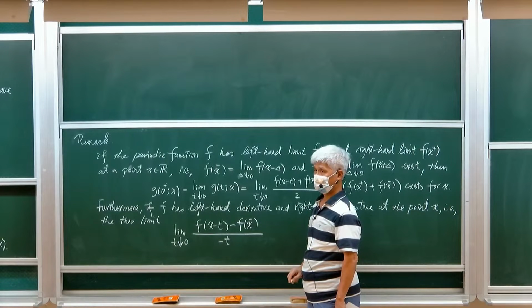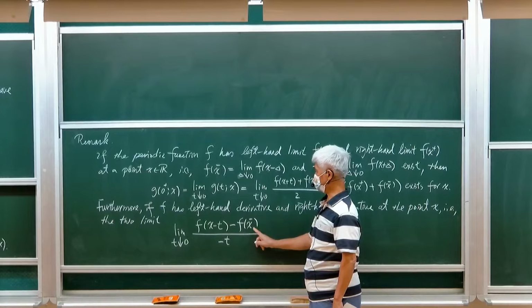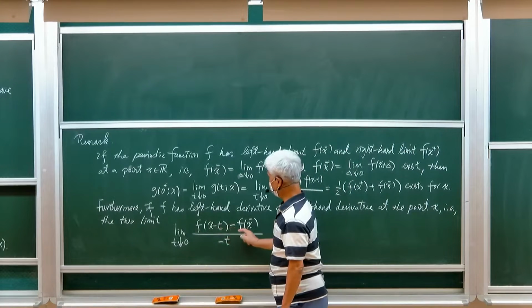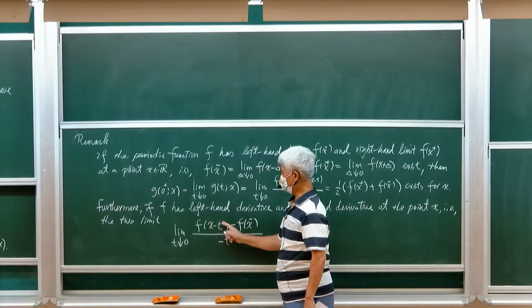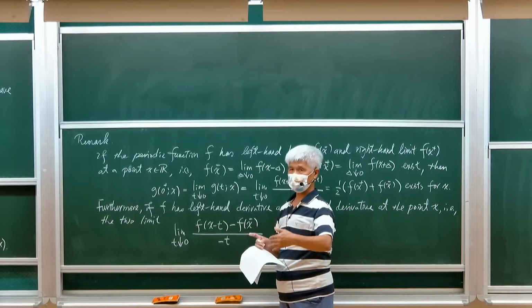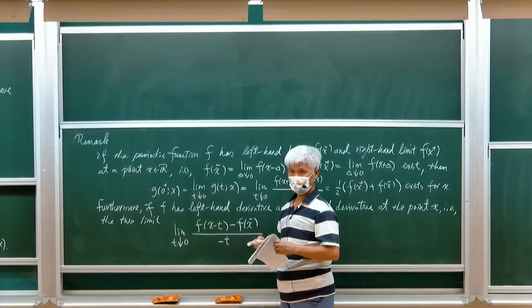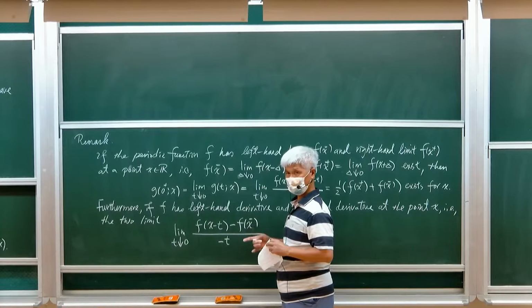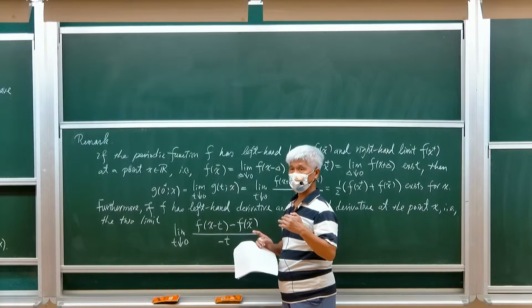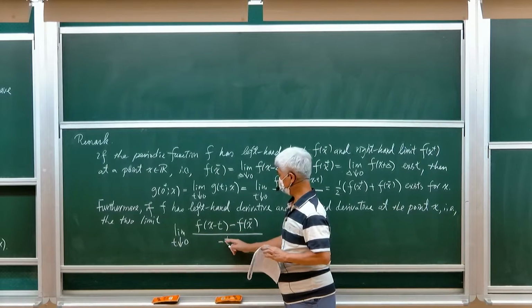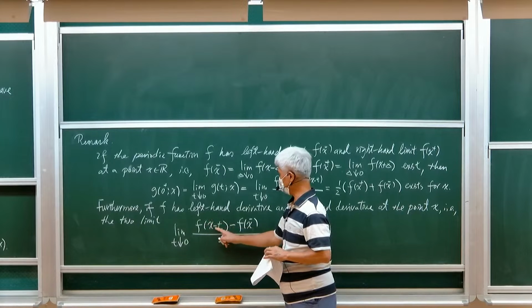It's the left hand limit. The difference is that this is a point to the left of x, and this one is the left hand limit. And the minus t is because the difference is x minus t minus x. So this is minus t.